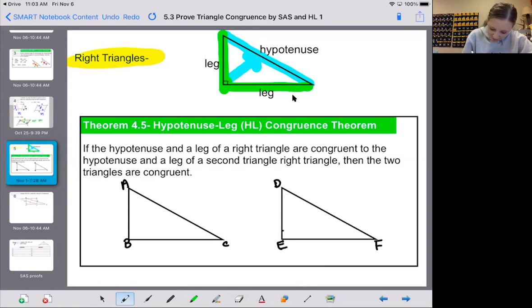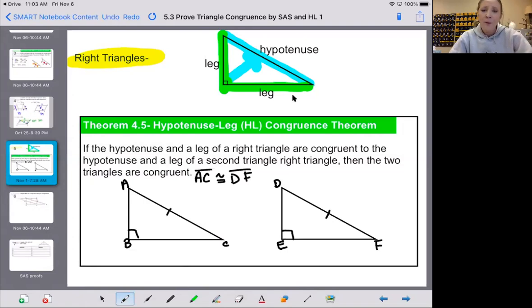So I'm just going to throw some letters on here real quickly, and I am going to make these right triangles. In order to use hypotenuse leg, you have to have segment AC congruent to segment DF. That is a must because those are the hypotenuses. But from there, hypotenuse leg just says hypotenuse leg. It doesn't say leg, leg, right? And so you only need one of the sets of legs to be congruent.